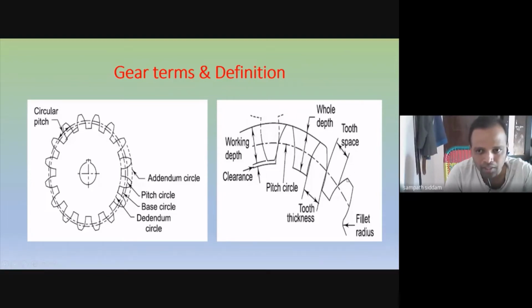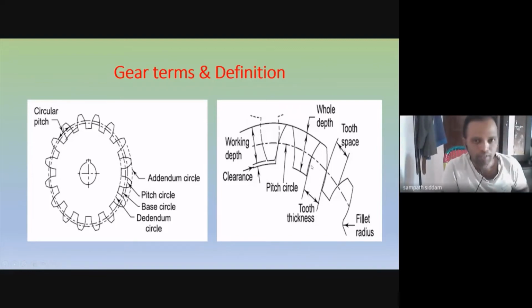The distance between these two we generally say is the tooth space, and the distance across the tooth is the tooth thickness. And this is the pitch circle, the same imaginary one.